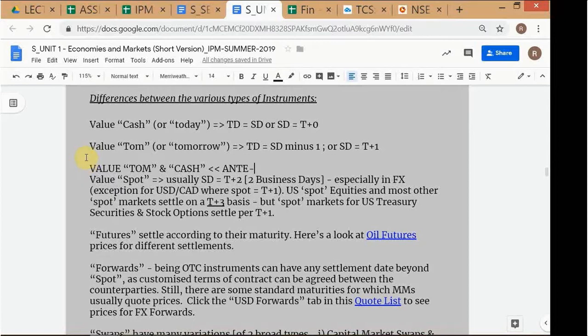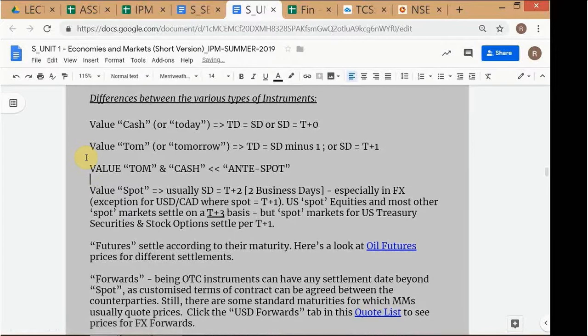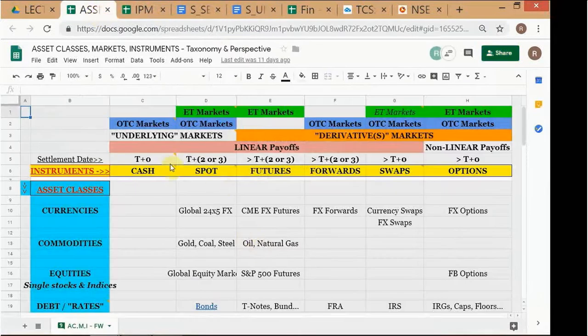That's why we have ex ante, ex post. Remember in lab you studied ex ante, ex post. So this anti is not ANTI, it's ANTE. Ante means before. So these are sometimes called anti-spot because they are before spot. Spot is T plus 2, and cash and Tom are T plus 0 and T plus 1. So cash and Tom are referred to as anti-spot.